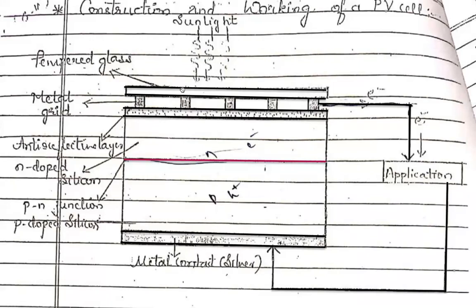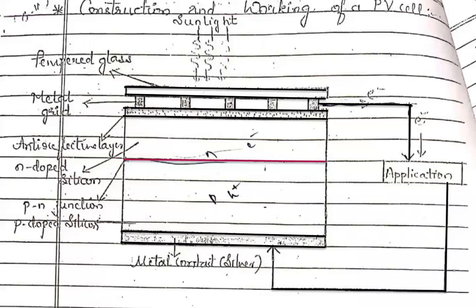Then we have a tempered glass here, and in between we have the metal grids. These metal grids are going to form one of the electrical contacts of this diode. So this is one point of electric contact. Why are the metal grids used? Because they allow the sunlight to fall on the semiconductor between the grid lines.